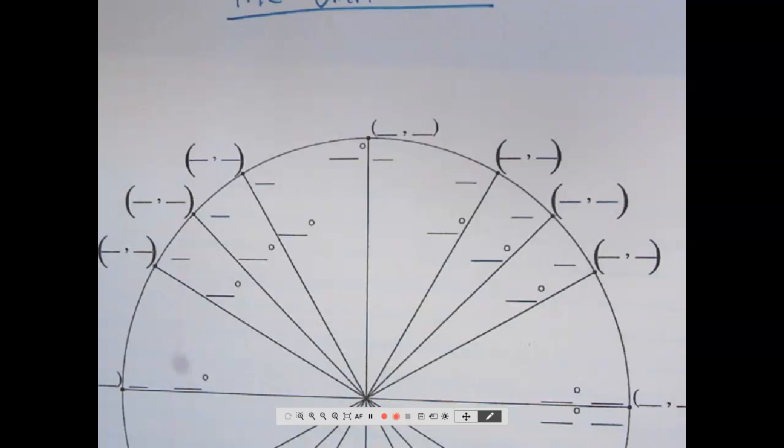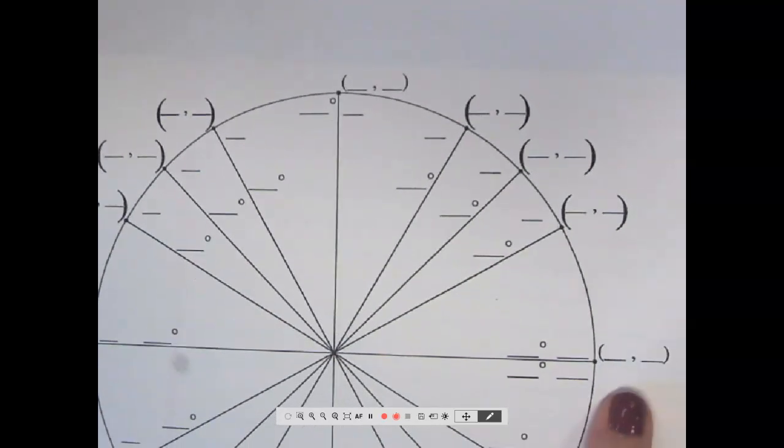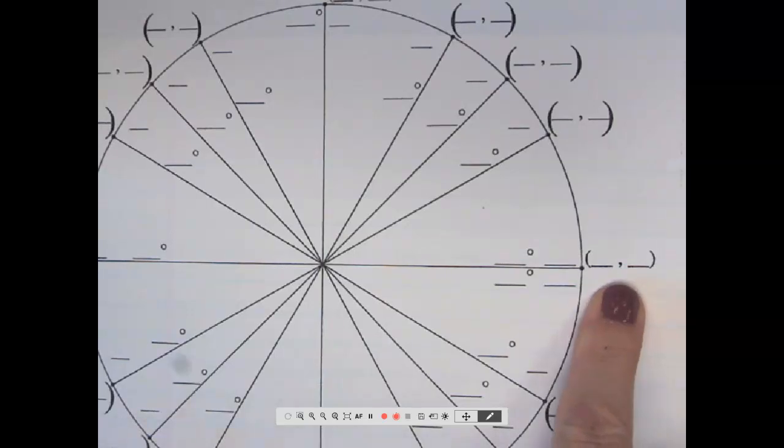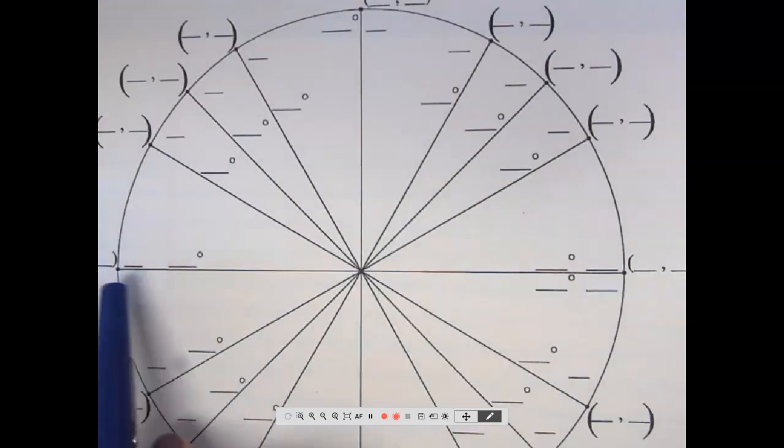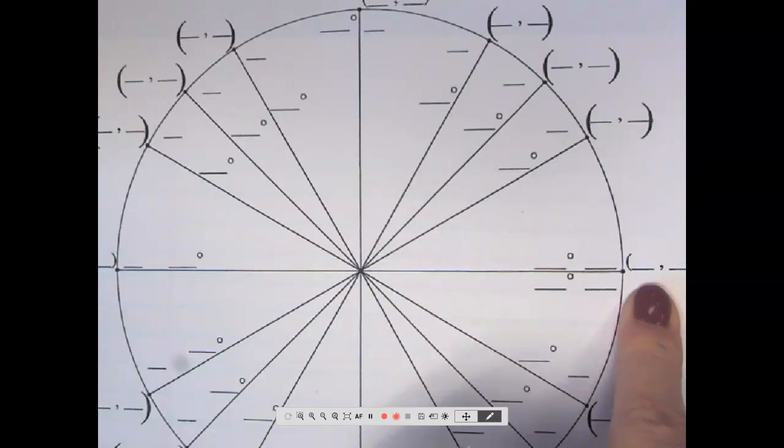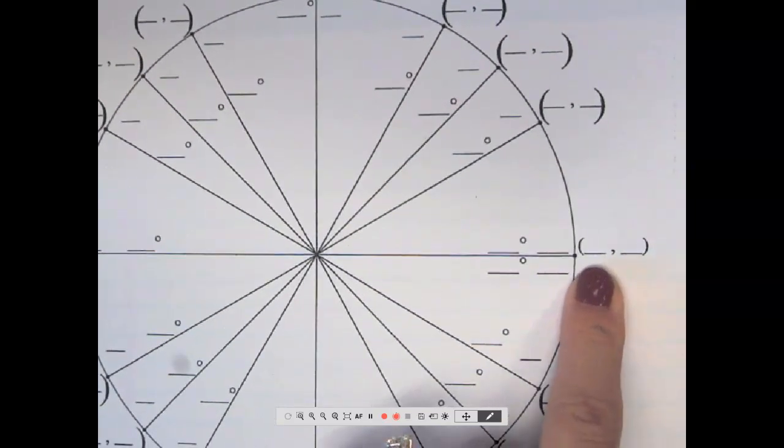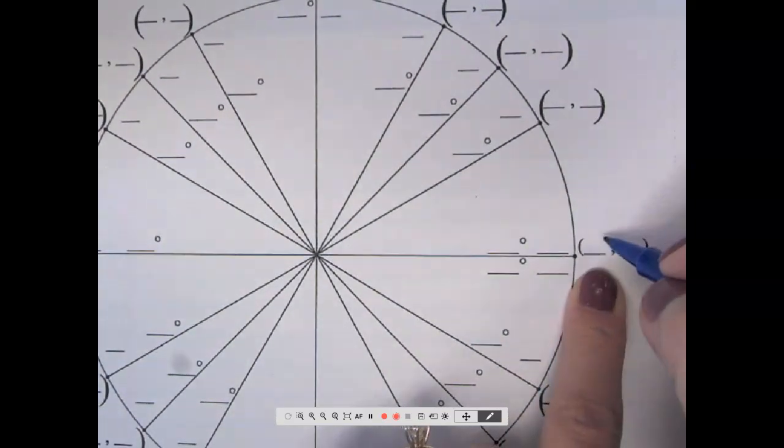Okay, so with that in mind, the fact that this has radius 1, we're going to start out by filling in 4 ordered pairs. If this is radius 1 and this is the x-axis, what is this ordered pair? 1, 0.